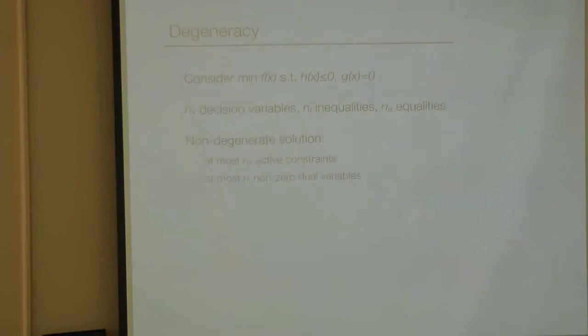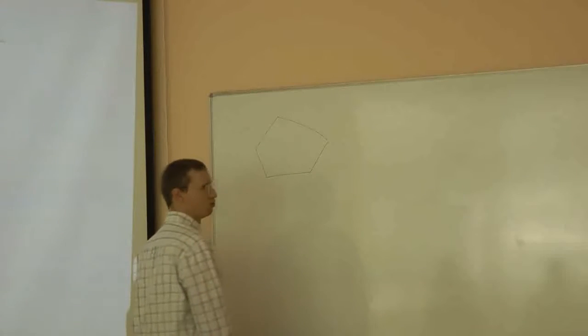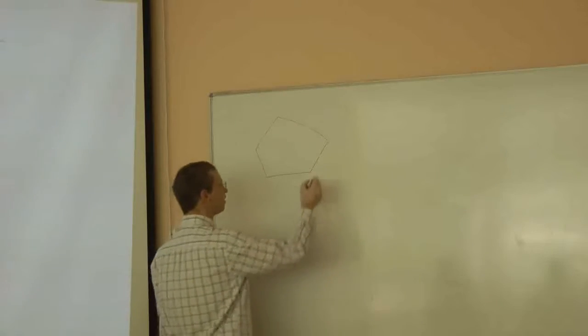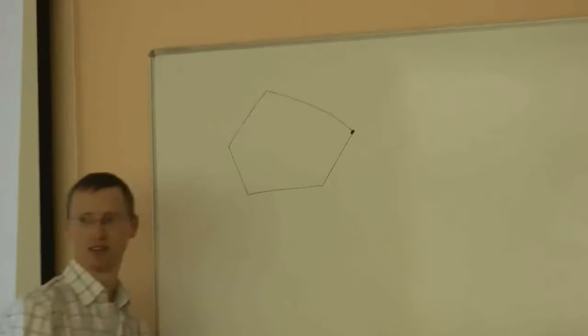So let me give you a graphical example. Let's suppose that these are the constraints of our optimization problem. And let's suppose that the optimum is here at this vertex. Okay?